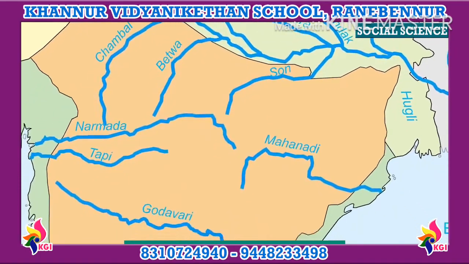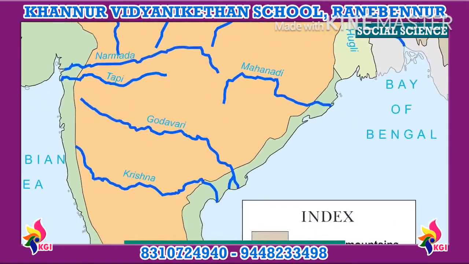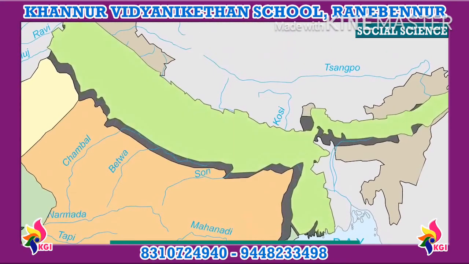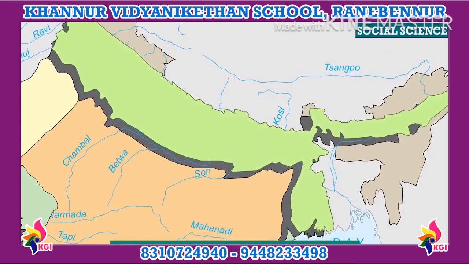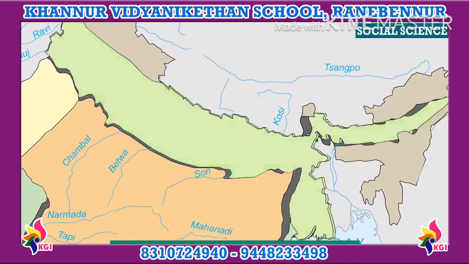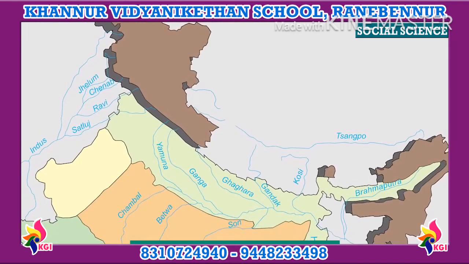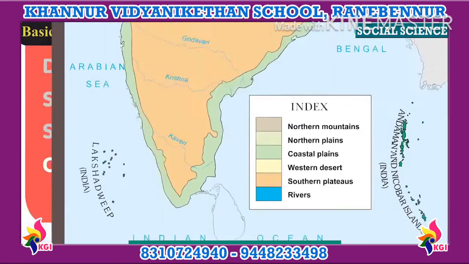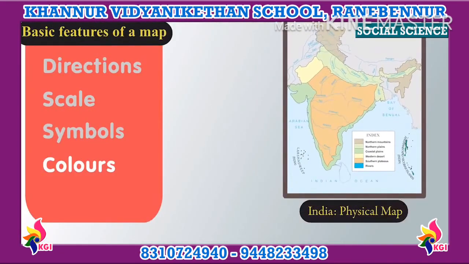Light blue is used for shallow waters and darker blue for deep waters. Plains or lowlands are shown in shades of green. Highlands are shown in shades of brown. A key is given on the map to help us understand all these things. It is called the index, which gives the color scheme and the symbols used.